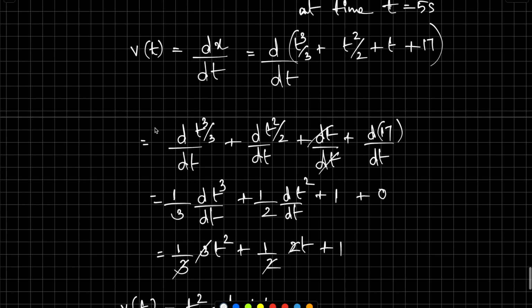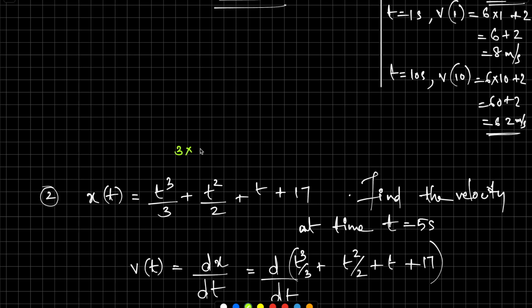So 3 times the coefficient 1 by 3, then t to the power of, reduce the power, square, plus again multiply the power with the coefficient, 2 times 1 by 2, t to the power of 2 minus 1 is 1, plus 1, the power is 1, so 1 times 1, t to the power of 1 minus 1 is 0, plus 17 is 0 anyways, cancelled out. 1 times 1 is 1, t to the power of 0 is 1, so it's just t square plus t plus 1.